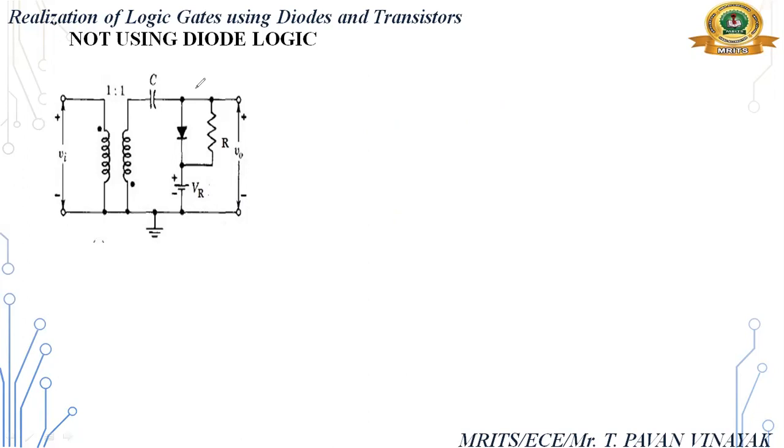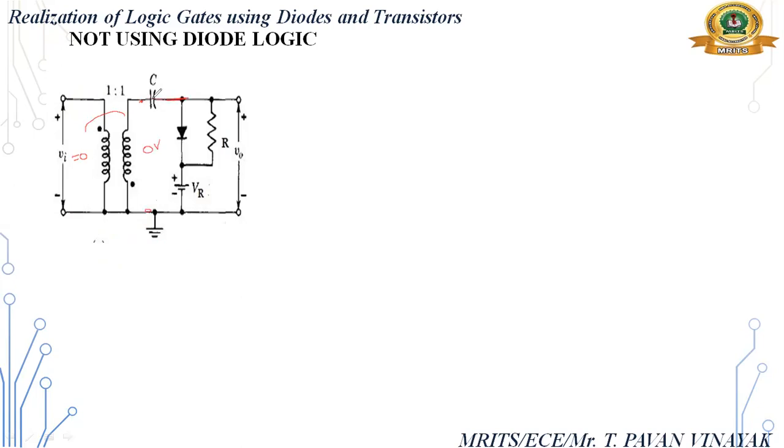To perform NOT gate, we use a transformer, that is a 1:1 transformer, which acts as digital logic input. Whenever I give Vi equal to 0, the same input comes here, that is 0 volts.